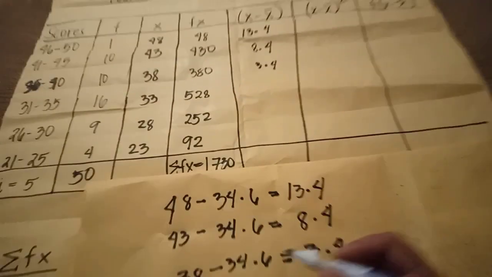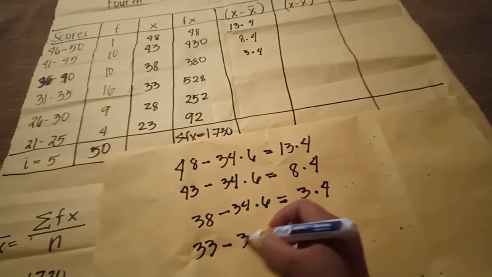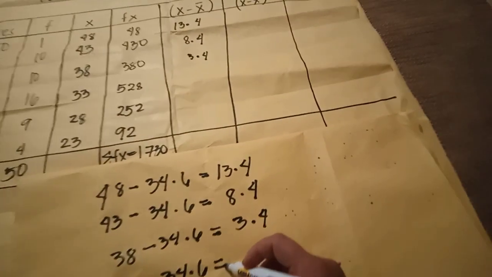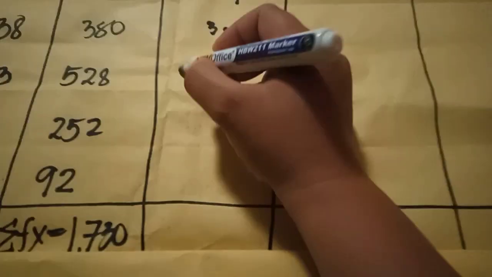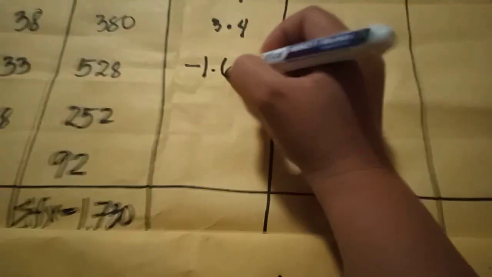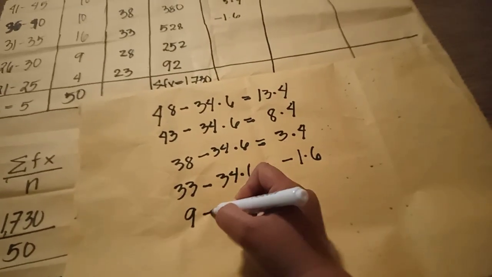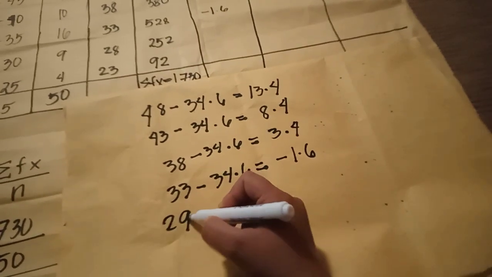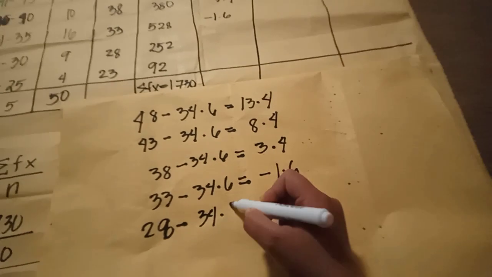Next is 33 minus 34.6. That will equal negative 1.6. And next is 28 minus 34.6.